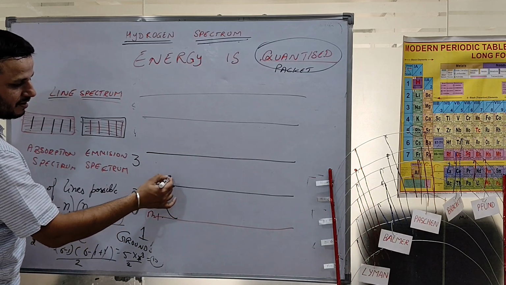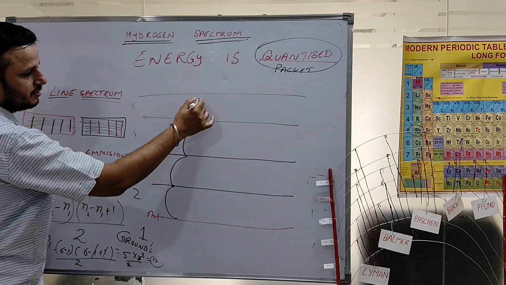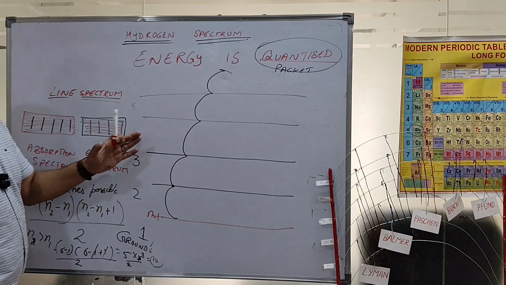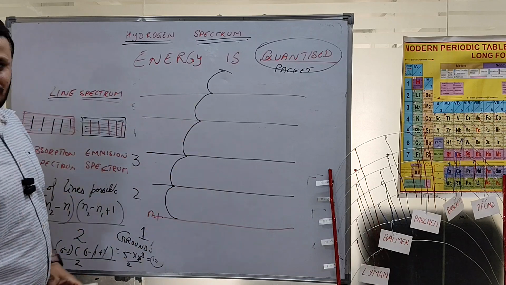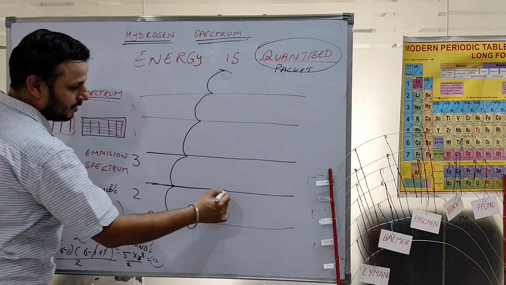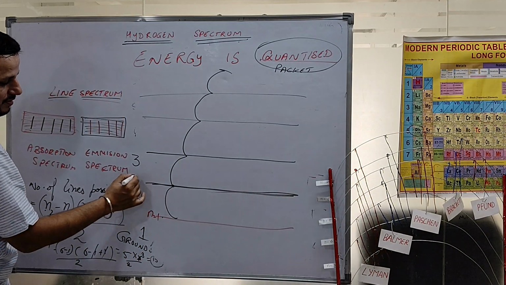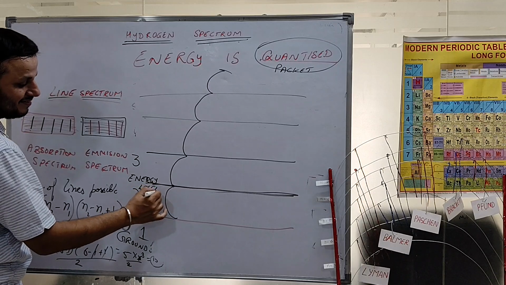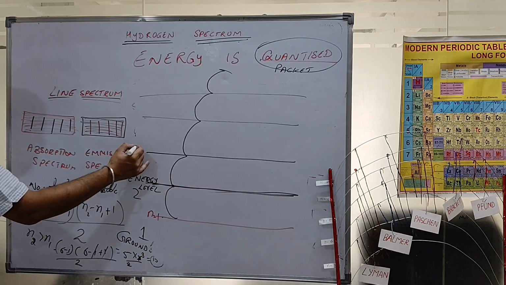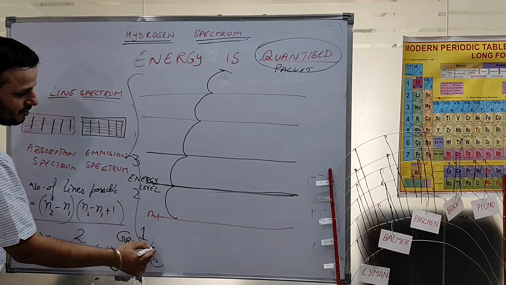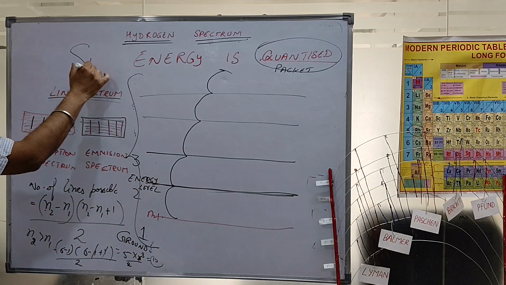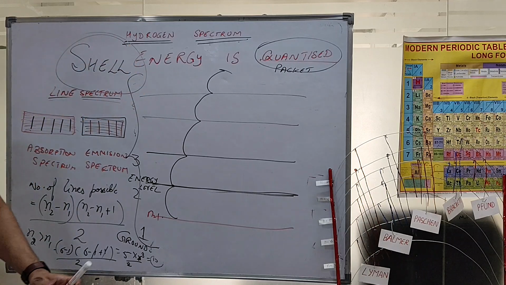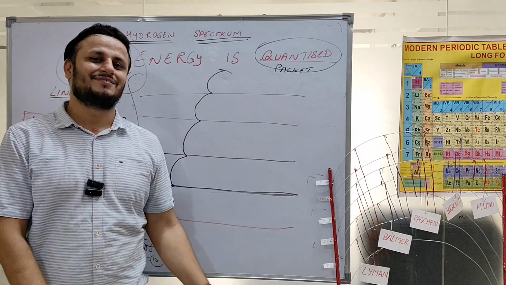And these energy packets proved to Bohr कि इलेक्ट्रॉन moves to energy levels, and this led to the discovery of shells or energy levels by Bohr.